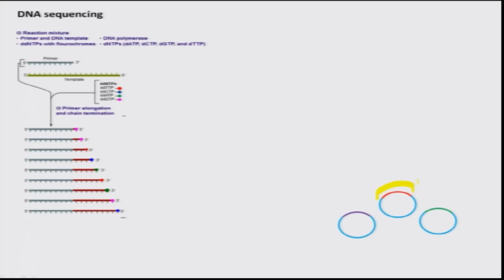So, I pull out a clone from a cDNA library derived from brain tissue, and then I try to sequence it. What I know in this clone is that the vector backbone is common for all the DNA present in that library, right. What is new is the fragments that are present here. I do not know the sequence of the fragments, but I do know the sequence of the vector that I am starting with.